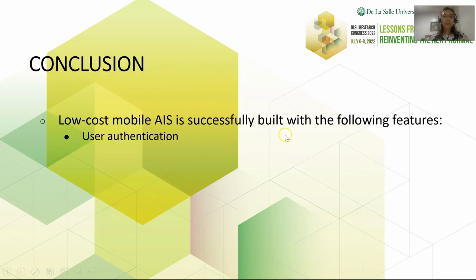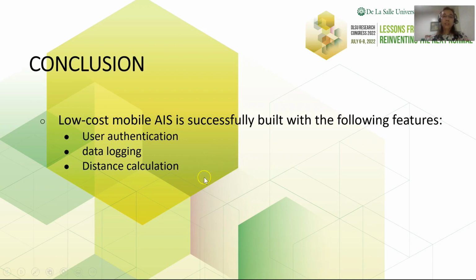For the conclusion, this project was able to successfully design a low-cost mobile AIS with the following features. It has user authentication using a password, and it includes data logging so that we can browse the information before the period at which it will be automatically deleted.